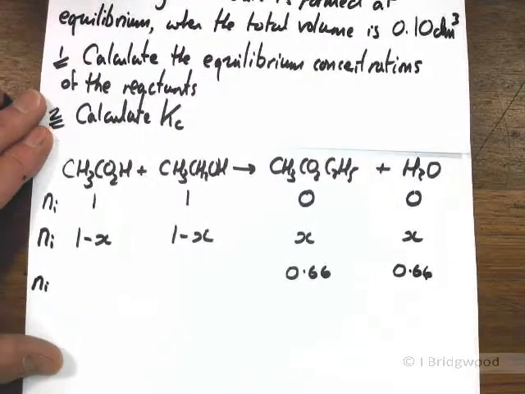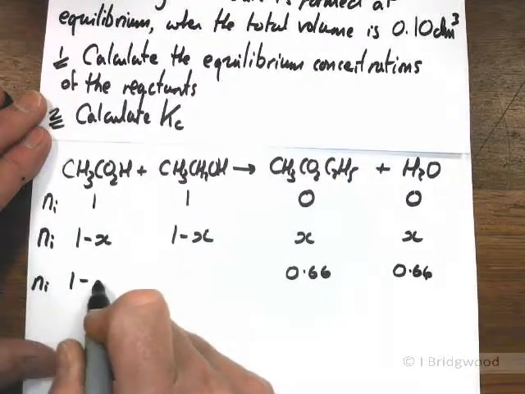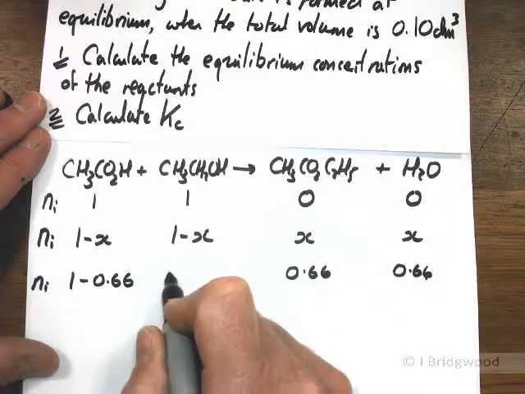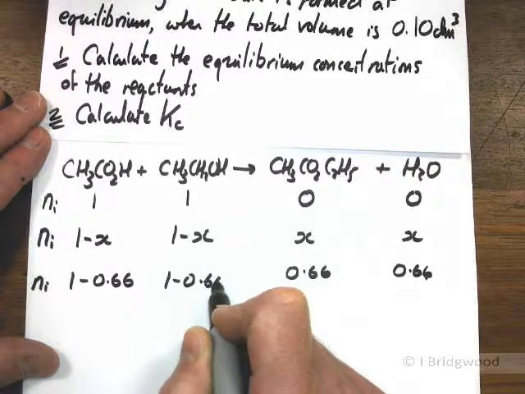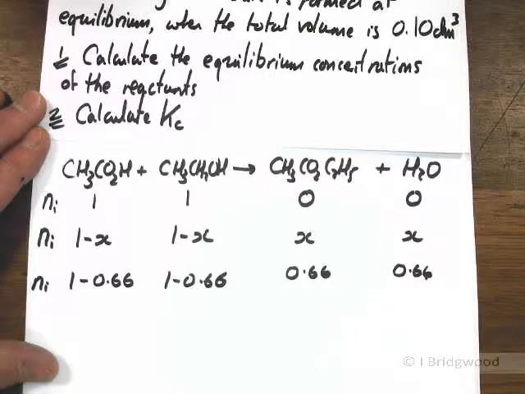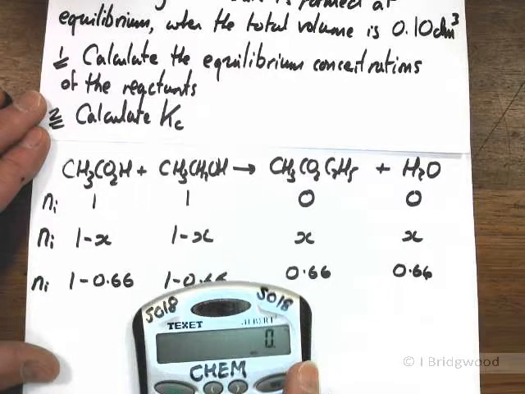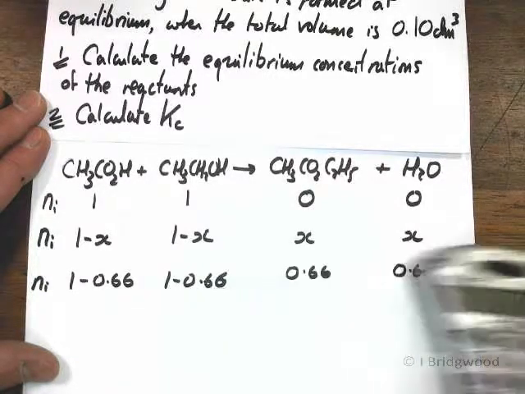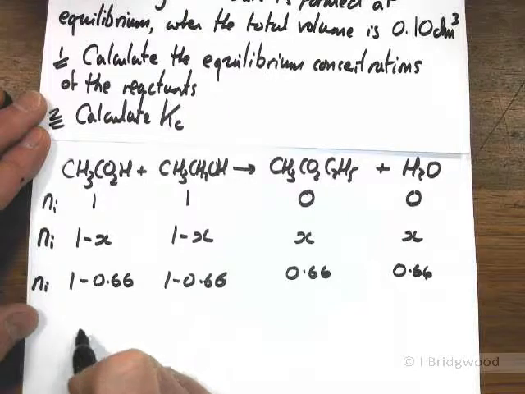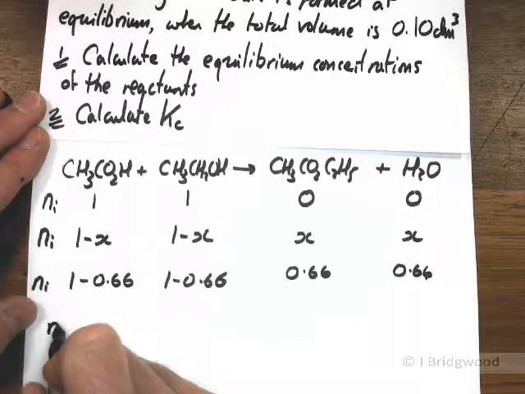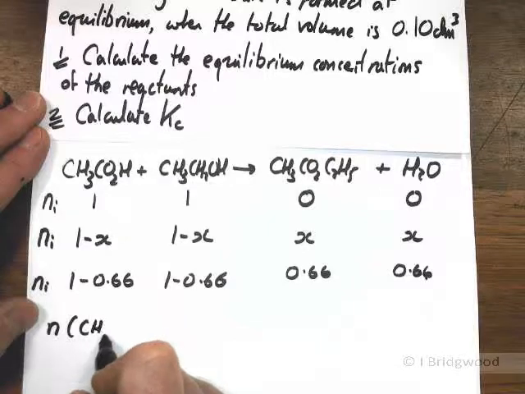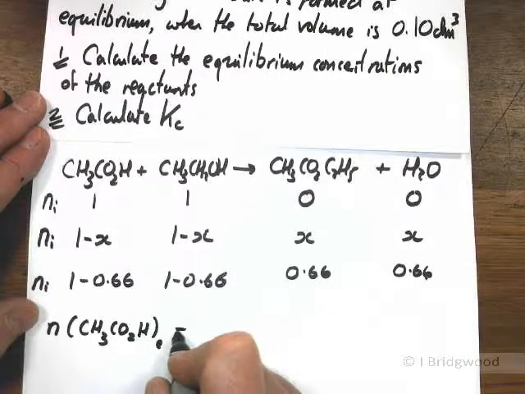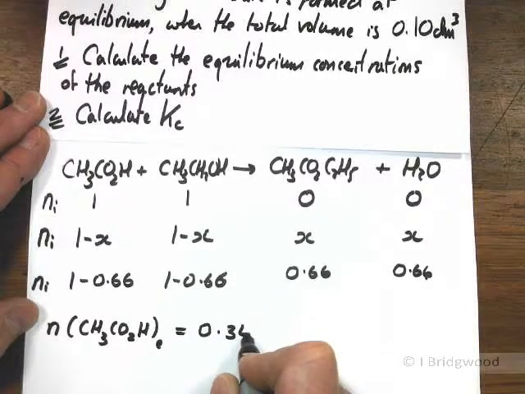And to have that happen, we must have lost 0.66 moles of ethanoic acid and 0.66 moles of ethanol. And of course, if I do my quick calculation, 1 minus 0.66 equals 0.34. So we can say that the number of moles of ethanoic acid at equilibrium is going to be equal to 0.34.